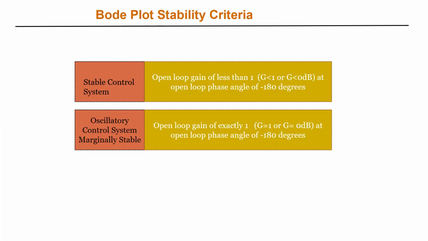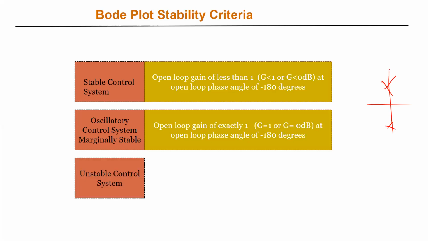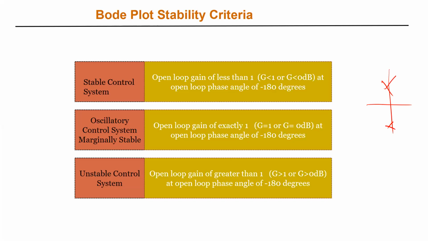At 0 dB, I'm on the minus 1, my poles are on the j omega axis, and my system will start oscillating. And definitely, if the gain margin is above the 0 dB line, the system becomes unstable.